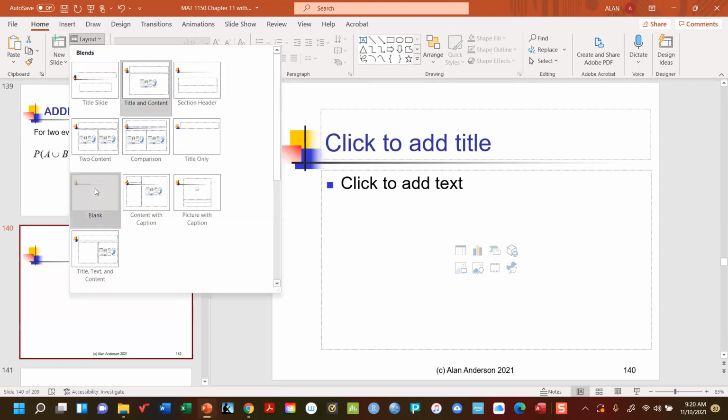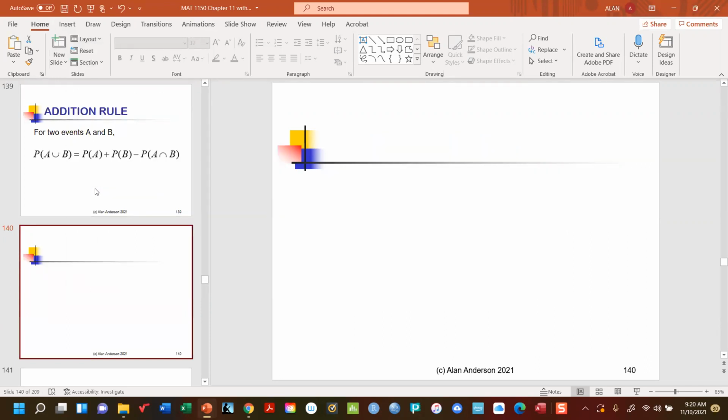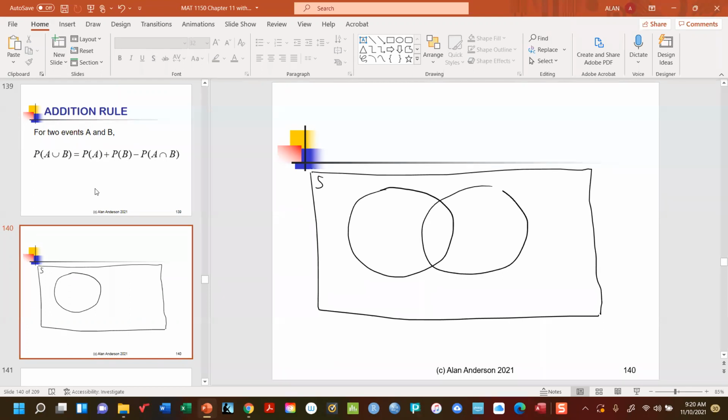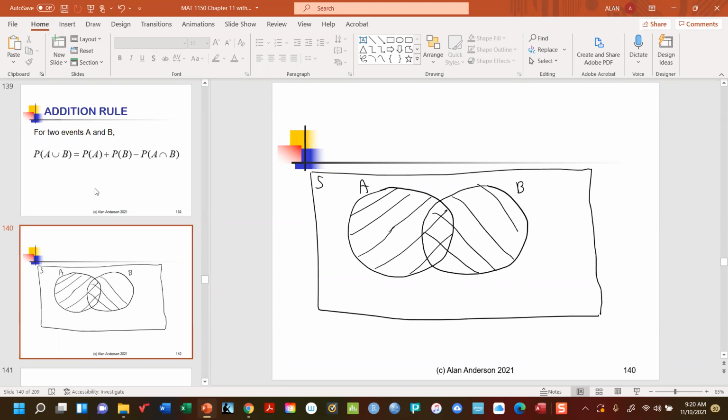Let's just say we have events A and B. Now, clearly this is the intersection between A and B. What I'd like to do here is introduce a new notation.